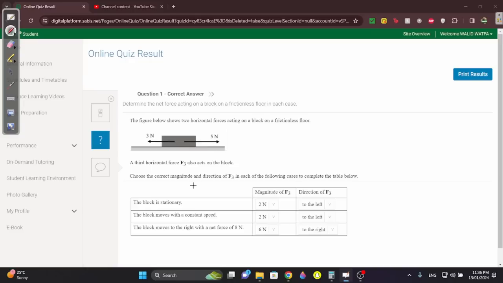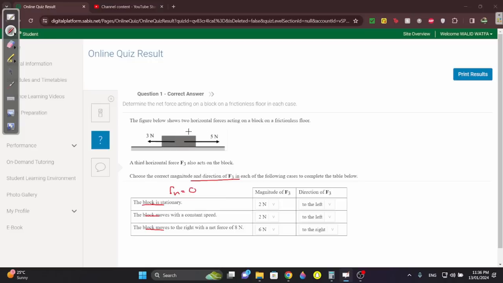We have a block. Choose the correct magnitude of the third force they want to add. In each case, you have to specify the magnitude of the force and which direction you have to put the force. To make the block stationary, that means the net force is equal to zero. The object is not moving, hence the net force is equal to zero. So the forces have to cancel out.